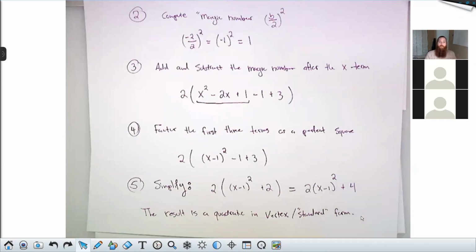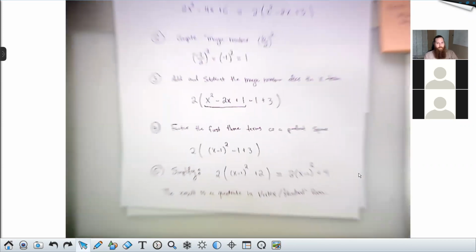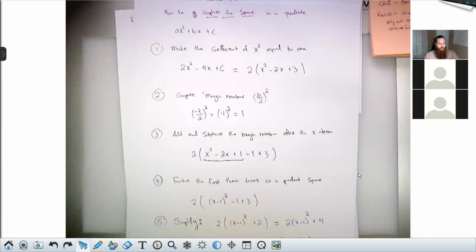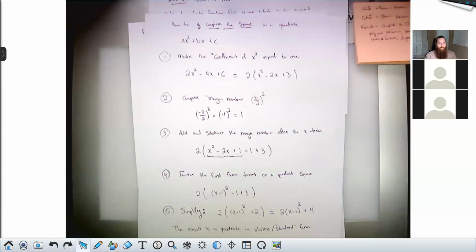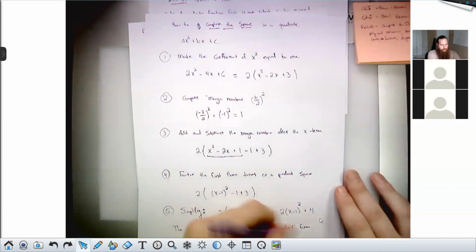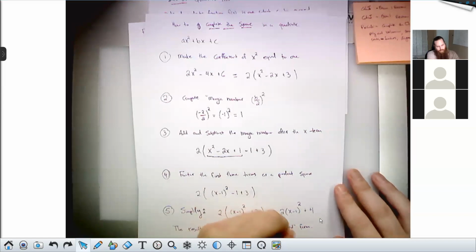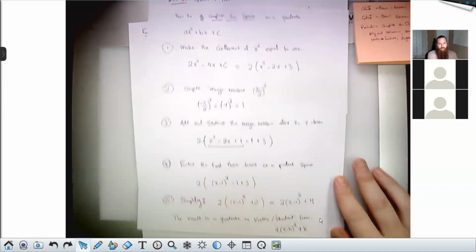So I can tell you where the vertex is. I can tell you whether the parabola opens up or down. And those two things will allow me to get a really nice graph. So this is completing the square. And what it does is it takes you from ax squared plus bx plus c to a times x minus h squared plus k.